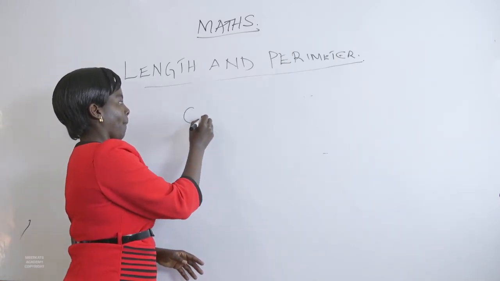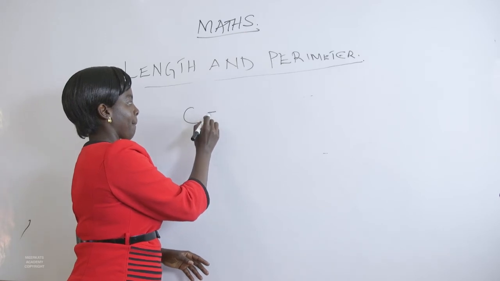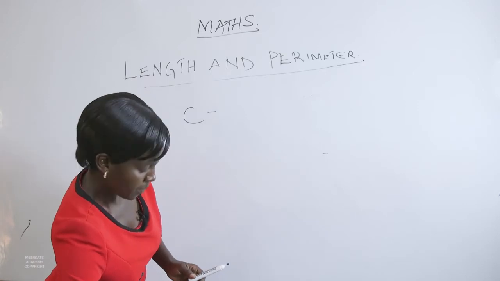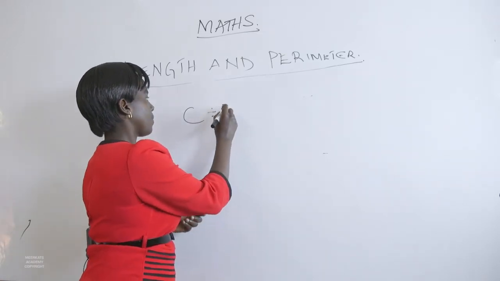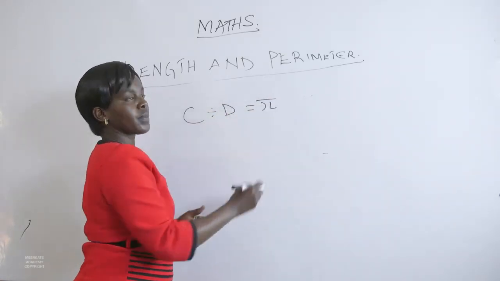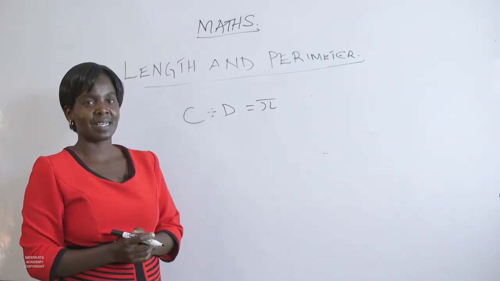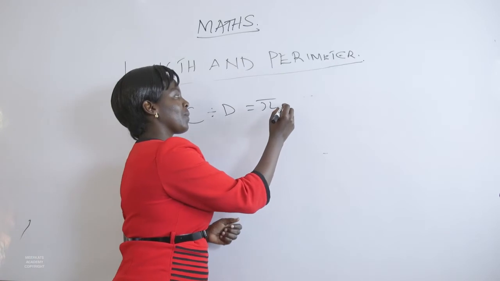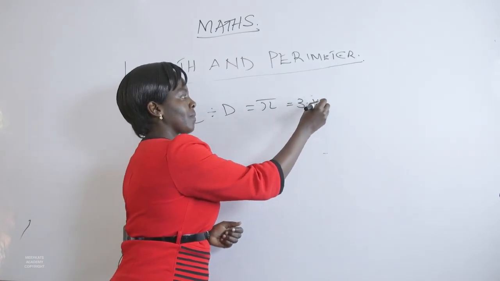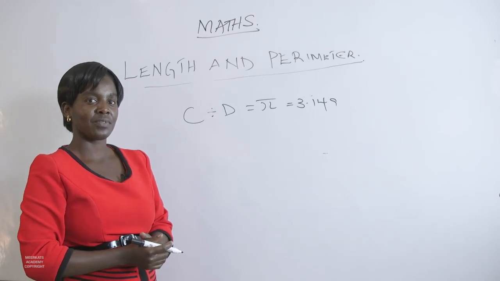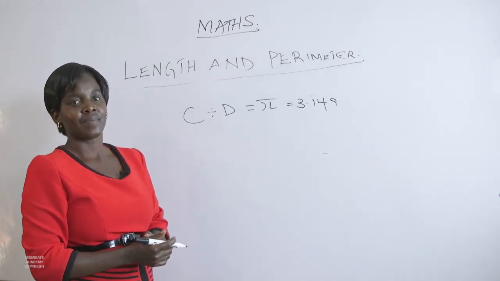So circumference divided by diameter gives us pi, which is equal to 3.149.